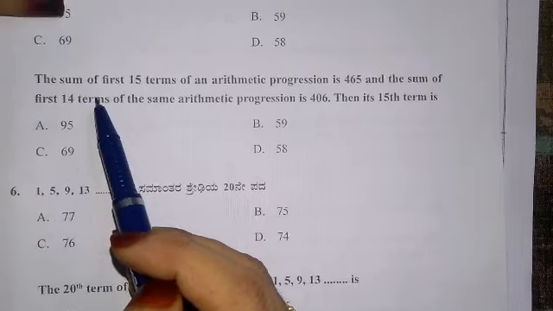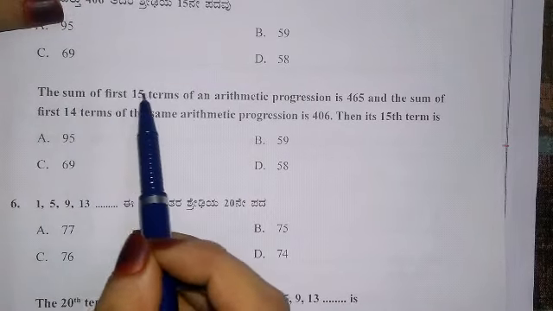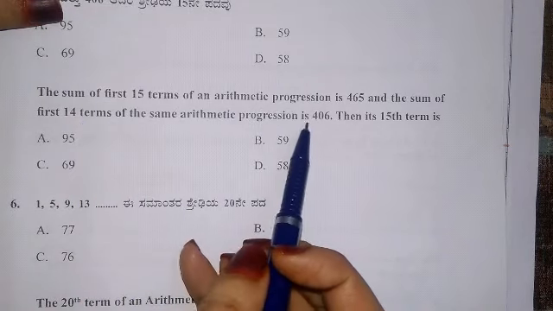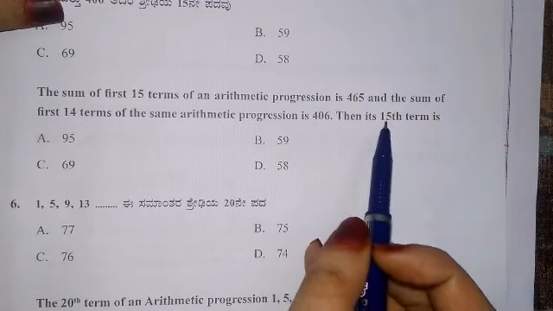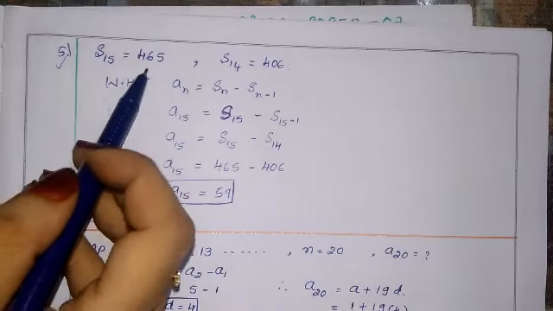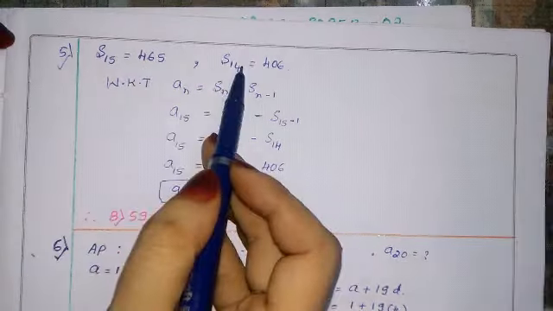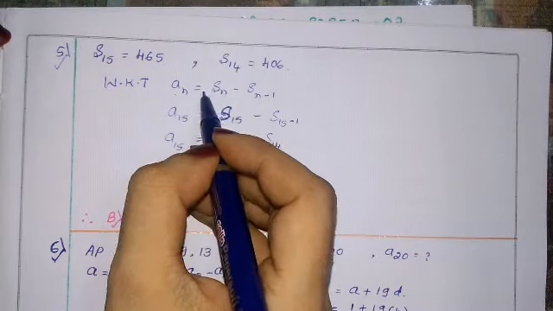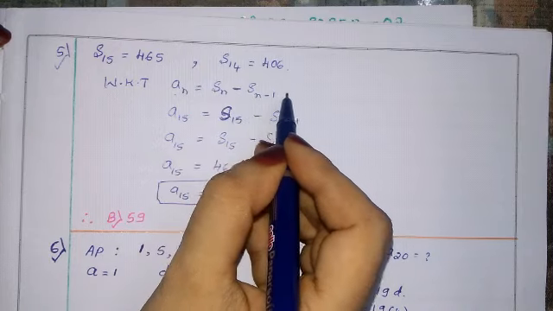For these problems we have to use S15 is equal to 465 and S14 is equal to 406. Find A15. We know the formula an is equal to Sn minus S(n minus 1).